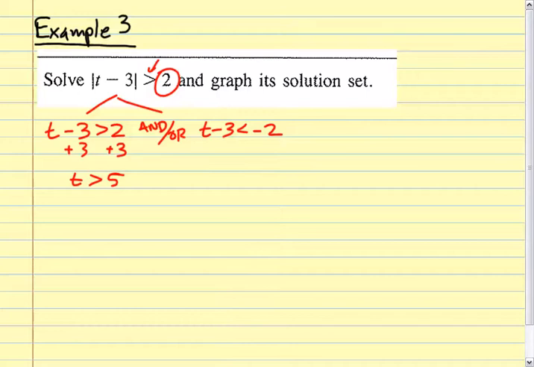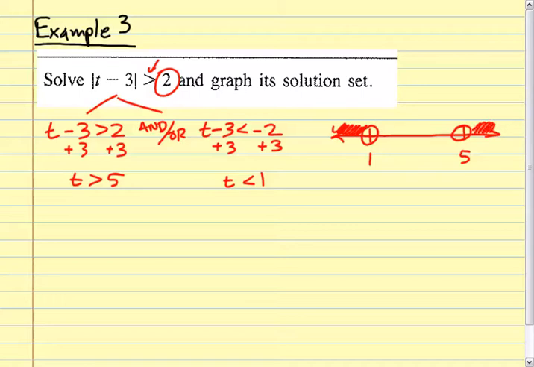Add 3 to both sides, and t has to be less than 1. Now when I graph this, my two critical numbers are 1 and 5. I put circles above them, but they're not equal to, so I can't color them in. And it says that t is less than 1 or greater than 5.